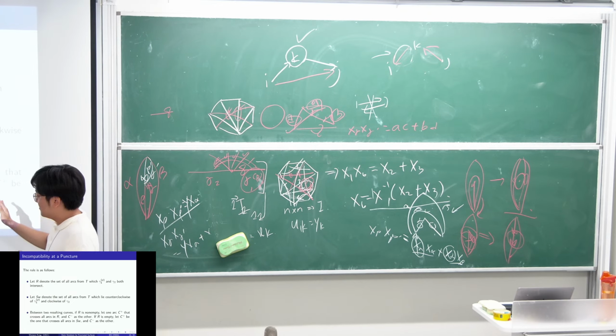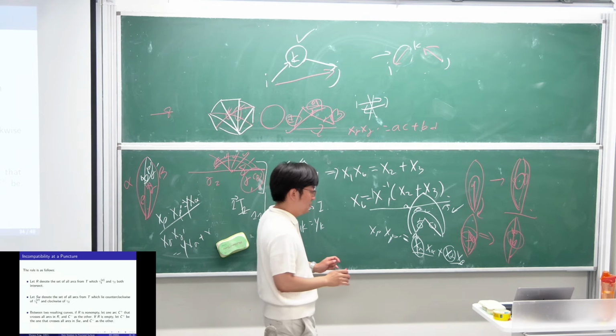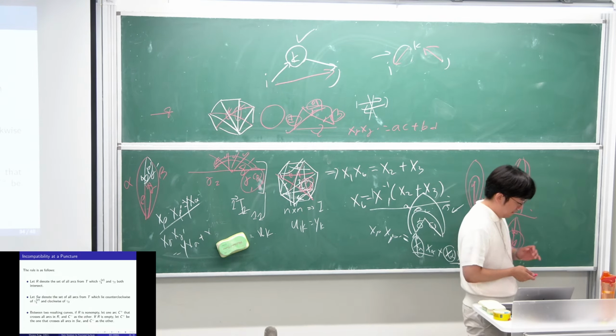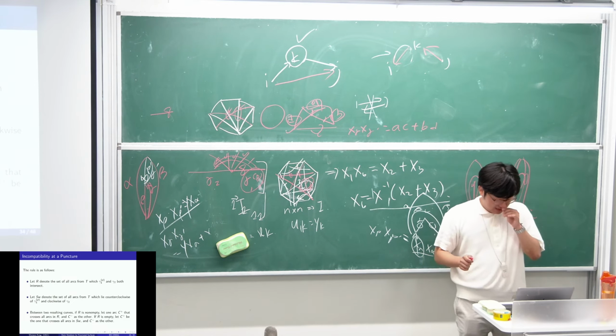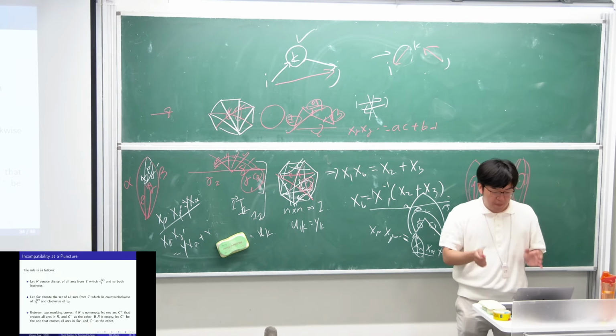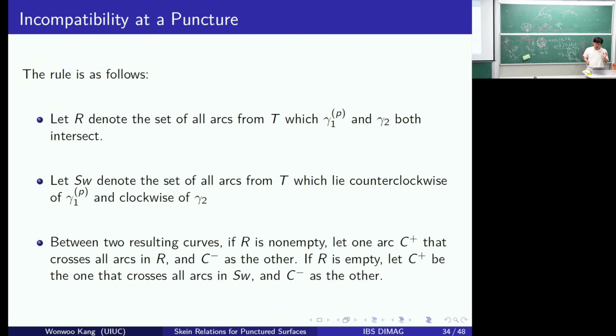And of the two pairs that we get, it is kind of straightforward that one pair contains all of R and SW, and the other pair doesn't contain any of them. The pair that contains them, I'm going to call C plus, and the other pair that doesn't contain R and SW, I'm going to call C minus.